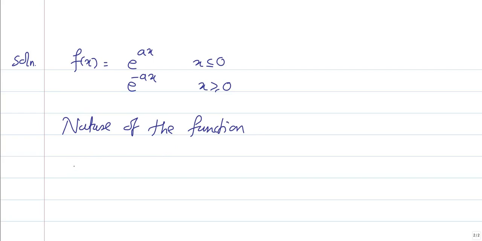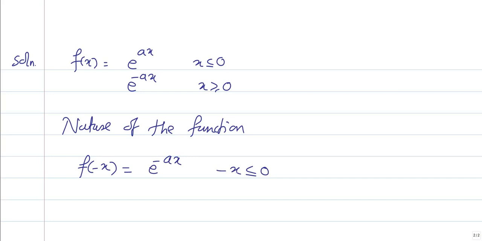So to check the evenness or oddness of the function, we replace x by minus x everywhere. So this will become e raised to minus ax for minus x less than or equal to 0.